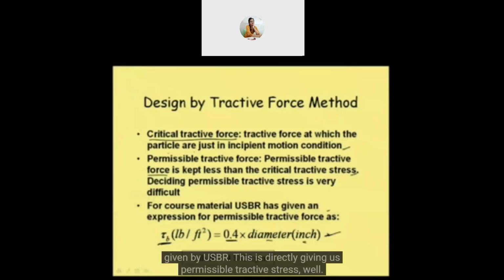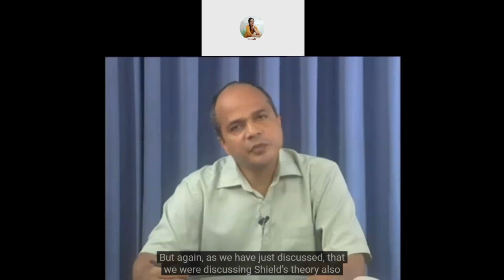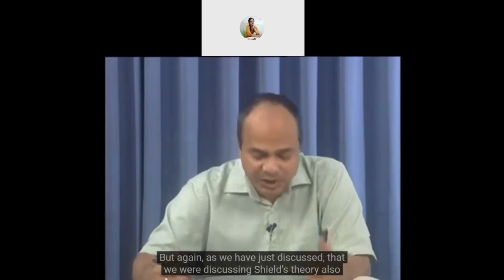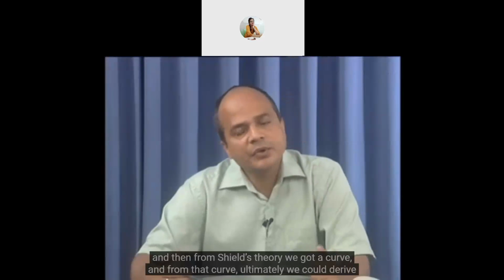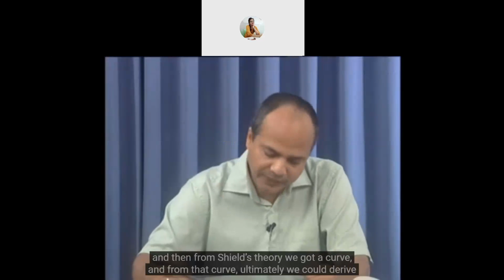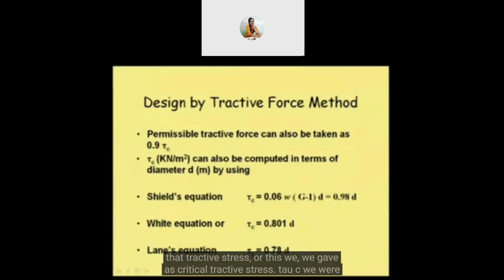Well, but as we were discussing Shield's theory also, from Shield's theory we got a curve, and from that curve ultimately we could derive the critical tractive stress, tau c, by Shield's equation.